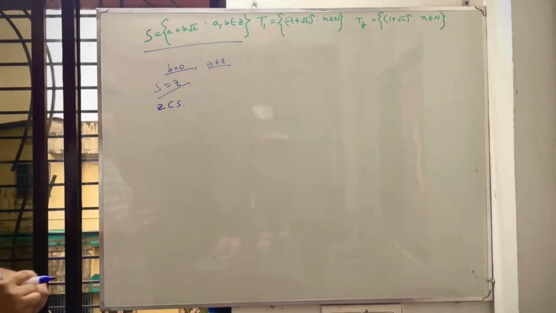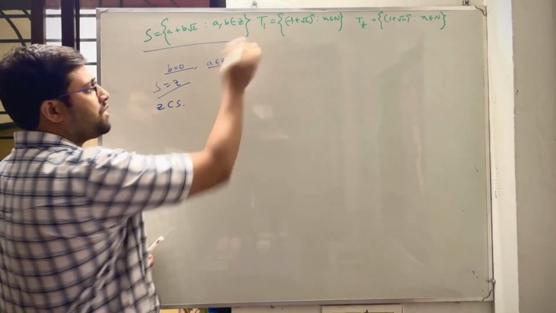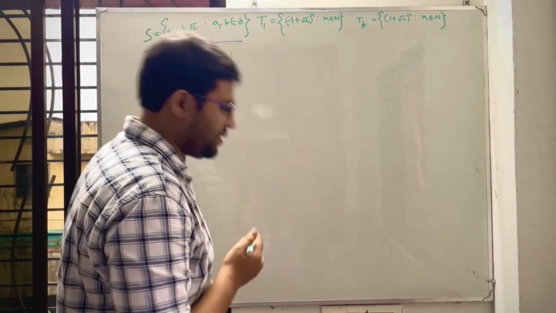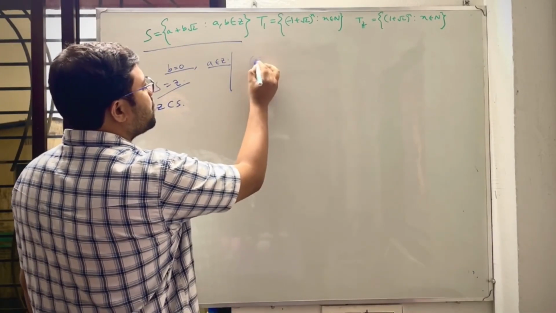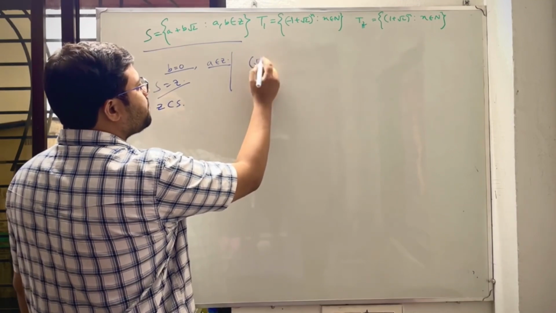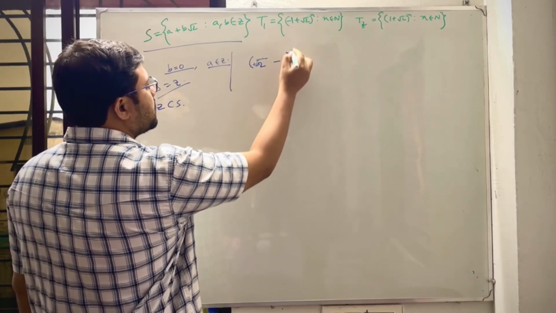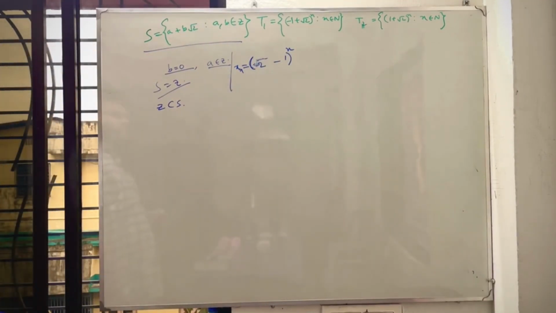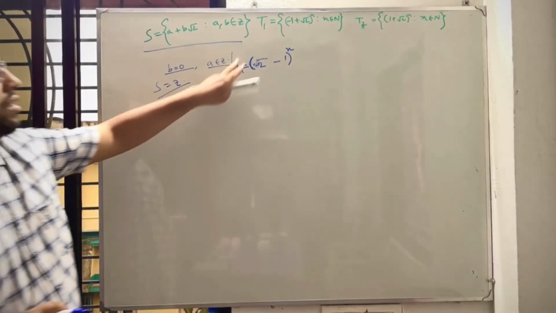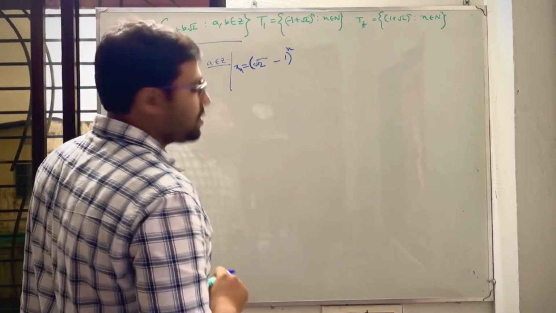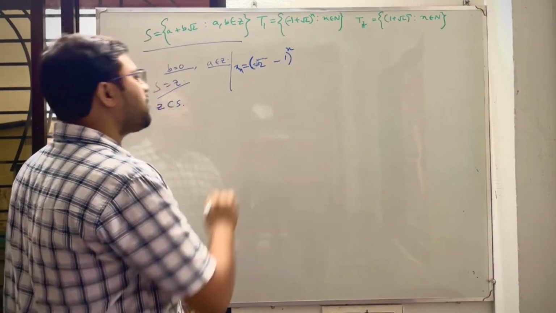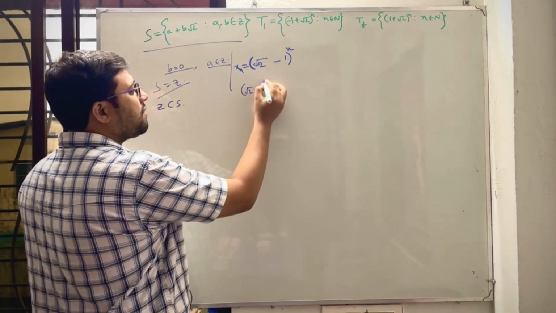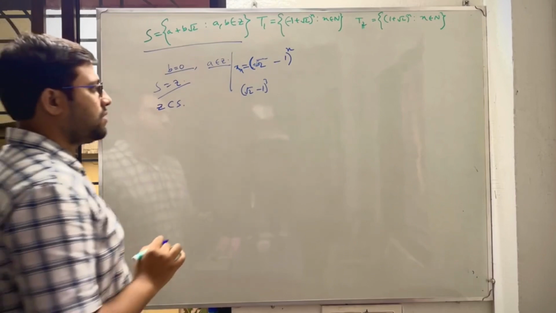Okay, now we will check what T1 is. Actually, the elements of T1 are the sequence of the form (root 2 minus 1) to the power n. We take this as xn. So the elements of this set T1 are of this form. Now, just for simplicity, if we take n equal to 3, then what does it become?